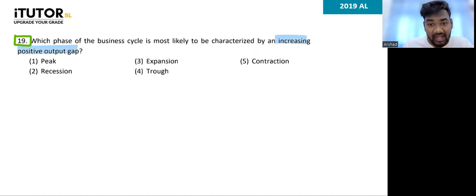Okay. Now, where do you have a positive output gap? In a contraction, right? You can have. Now, yes, in a contraction, what happens? Let's say during the initial contraction, during a recession, what can you tell about the positive output gap? In a contraction, what's happening to the positive output gap?